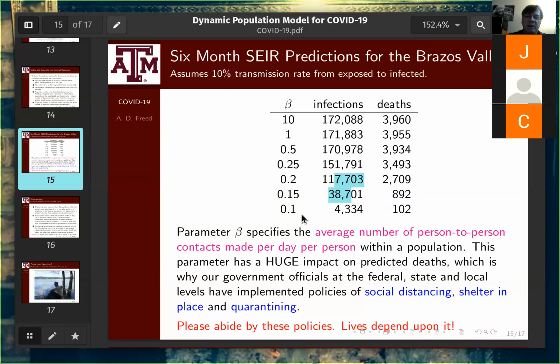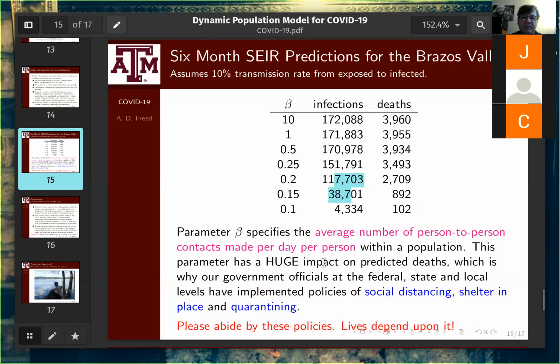So what we can do to help is try to minimize our person-to-person contacts outside of our family units. That will help slow down the progression and hopefully give our medical researchers a chance to deal with it.